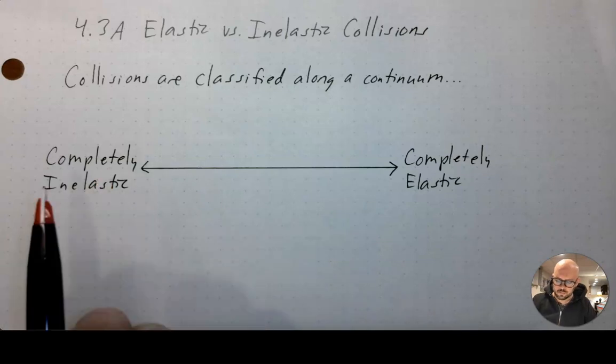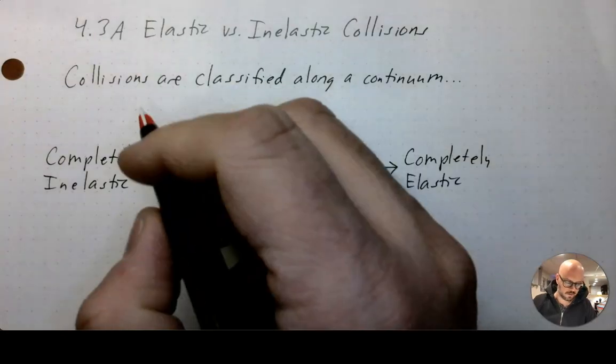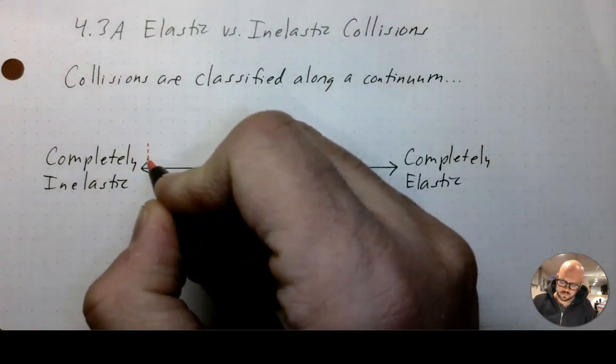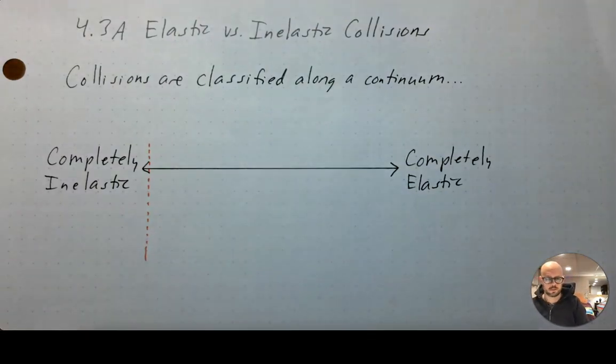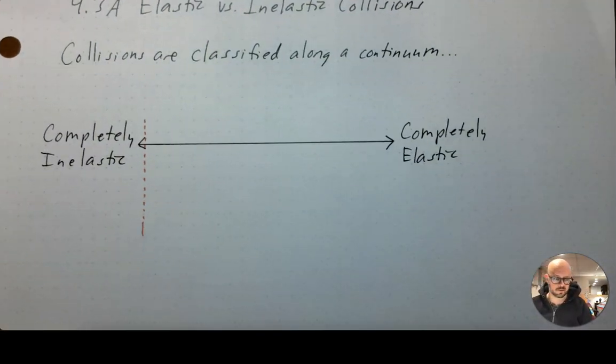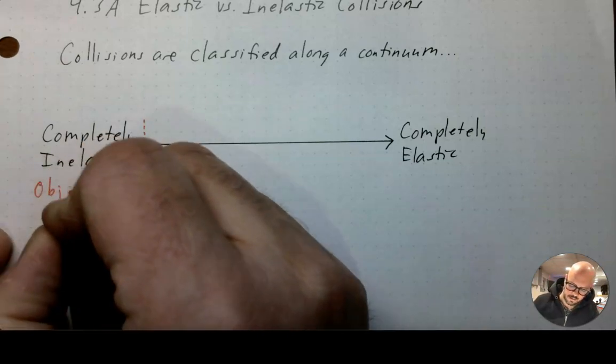So completely inelastic and completely elastic are extremes. Now the first thing we're going to do is divide this continuum right there. If we say that a collision is completely inelastic, that is when the objects actually stick together.